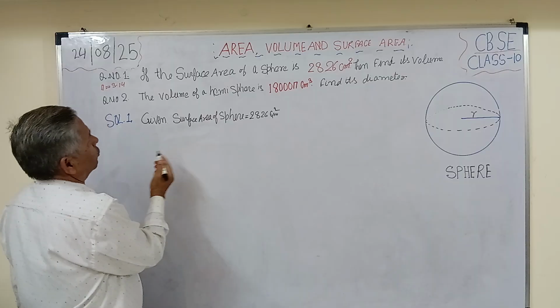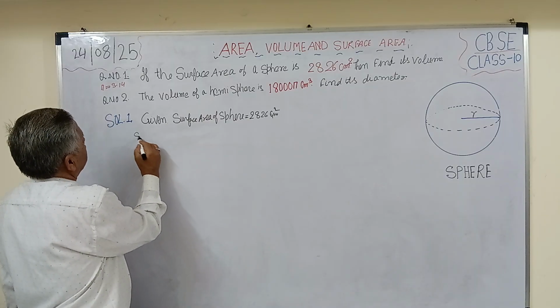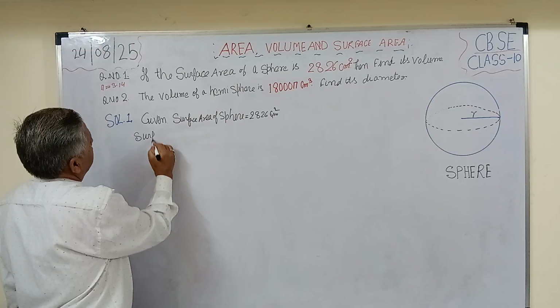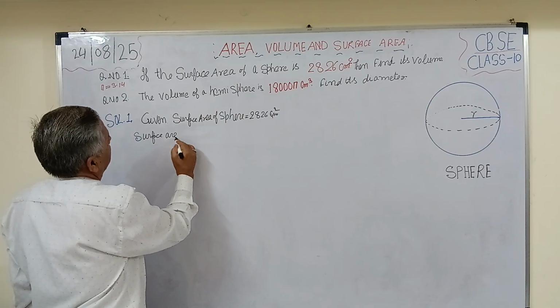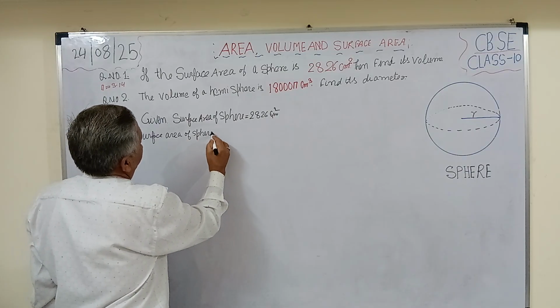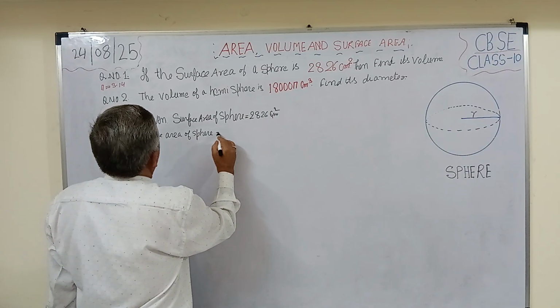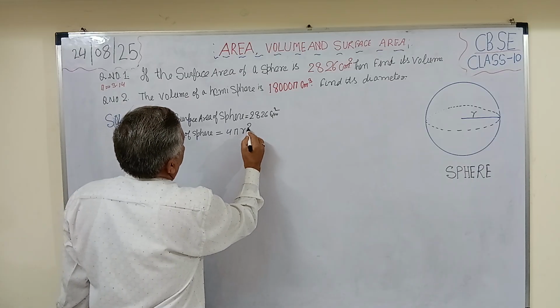We know the formula for surface area of a sphere is 4 pi r square.